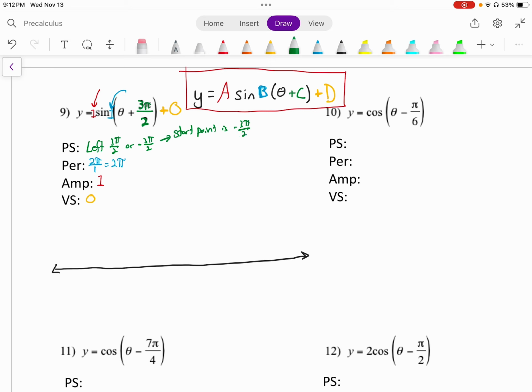So that's a negative, so I'm going to put that right here, negative 3 pi over 2. And then, as I've written so many times before, we're going to add a period, which in this case is 2 pi, to get the end point.